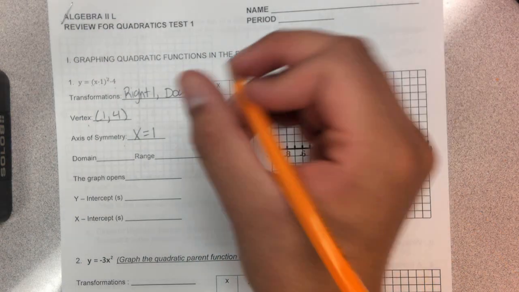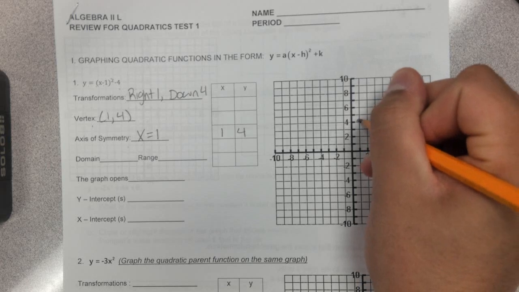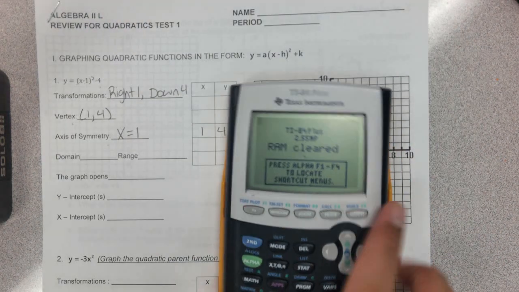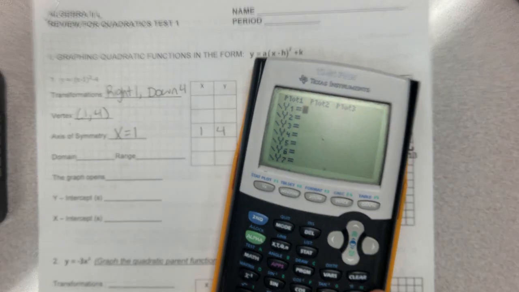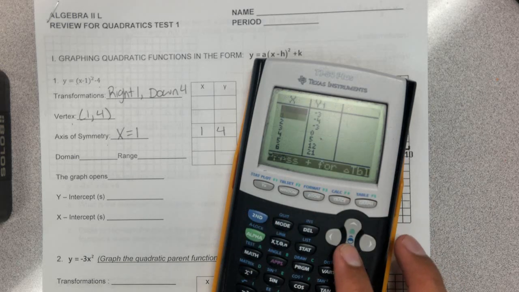Alright, so for the vertex, let's put that in the middle of the table. So 1, negative 4, and then let's put it on the graph. Alright, so let's get the points. We go to y equals, type in the function, go to your vertex.